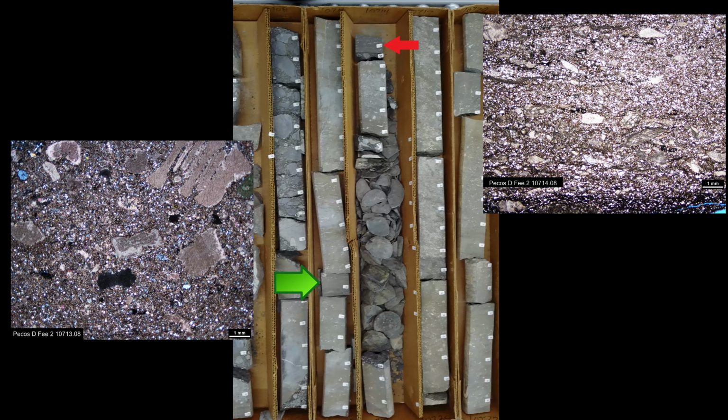After that, we have the next flow with the base here, this thin section showing again a high amount of silicified quartz in the matrix and some bioclasts that seem to be oriented in that wackestone.